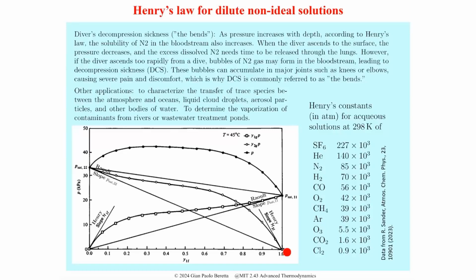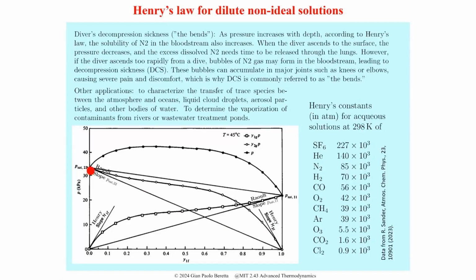Okay, the Henry's slope, I mean, if you had ideal behavior, this line represents the partial pressure, so it's the product of mole fraction and pressure, and it's a straight line because that's a linear relation that takes you to the saturation pressure of nitrogen.